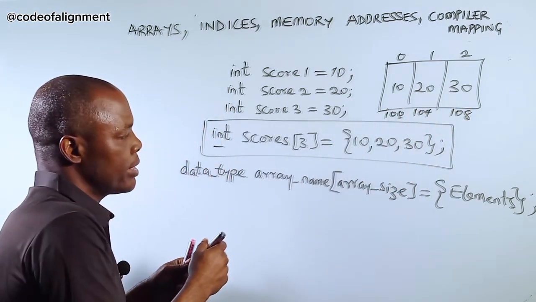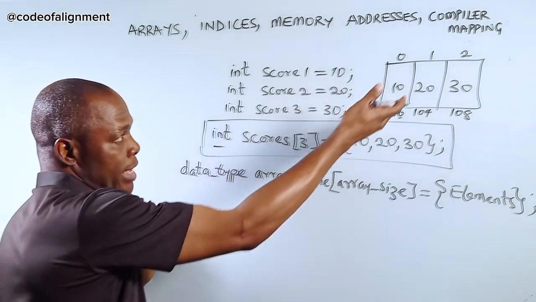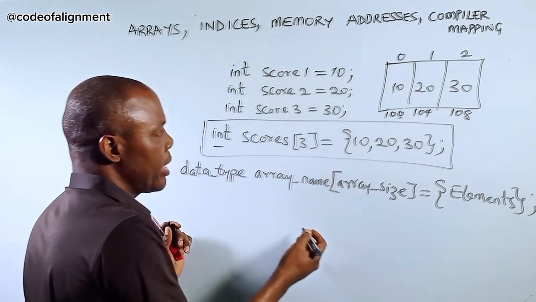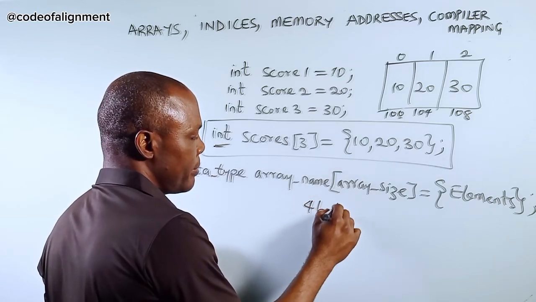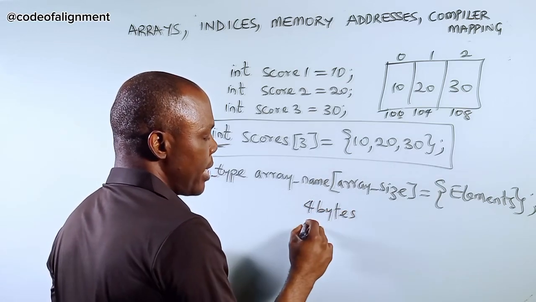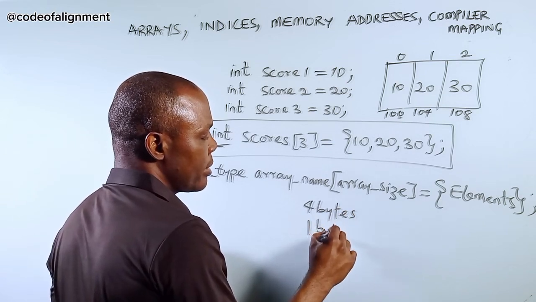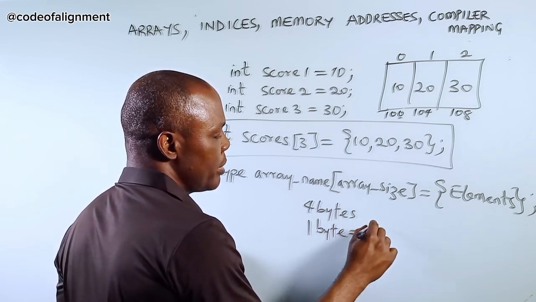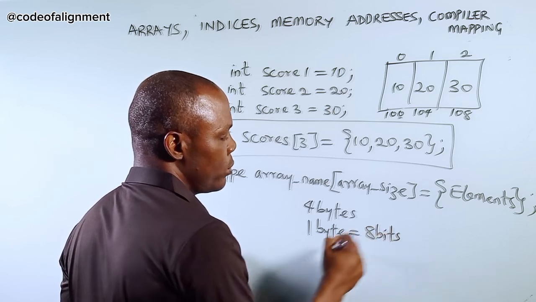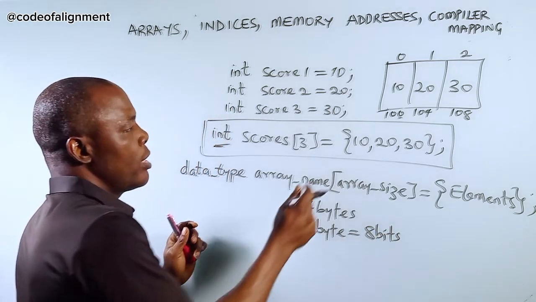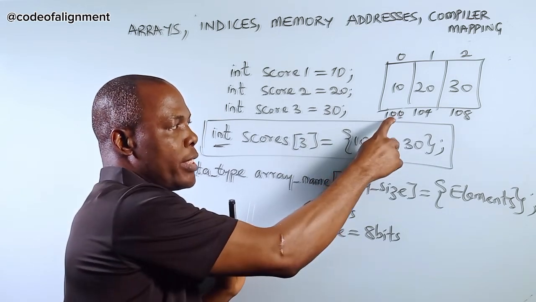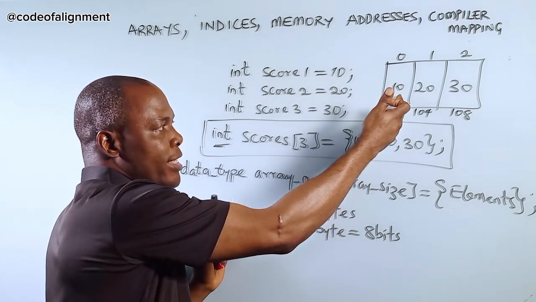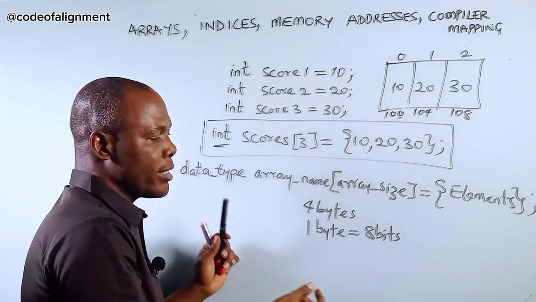Now, if you look at this data type, it is an integer. An integer is 4 bytes, right? 1 byte equals 8 bits, that I have taught you in my previous classes. So if I'm having a physical memory address of 100 and I have an integer there, it means it's 4 bytes.